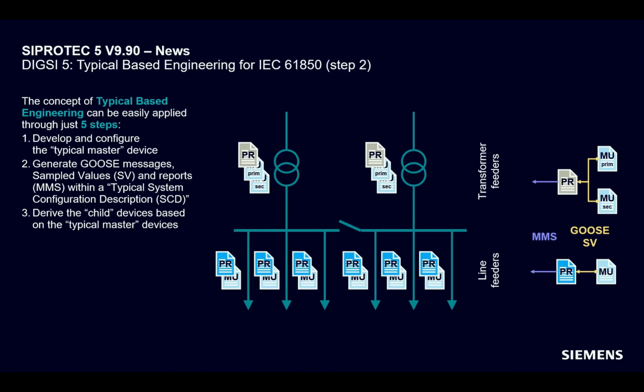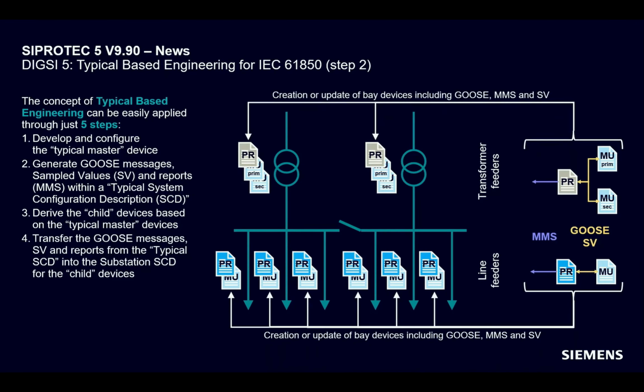Derive the child devices based on the typical master devices. Transfer the GOOSE messages, SVs, and reports from the typical SCD into the substation SCD for the child devices. And create GOOSEs and SVs required across the typicals.